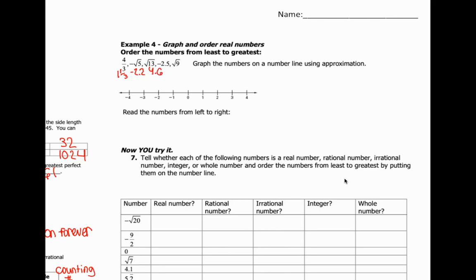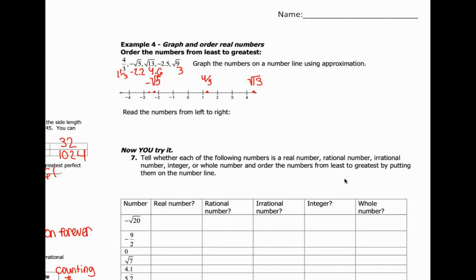And then the square root of 9 is 3. So let's start with 4/3. That's going to be about here. Negative square root of 5 is going to be around here. Square root of 13 is going to be somewhere up here.